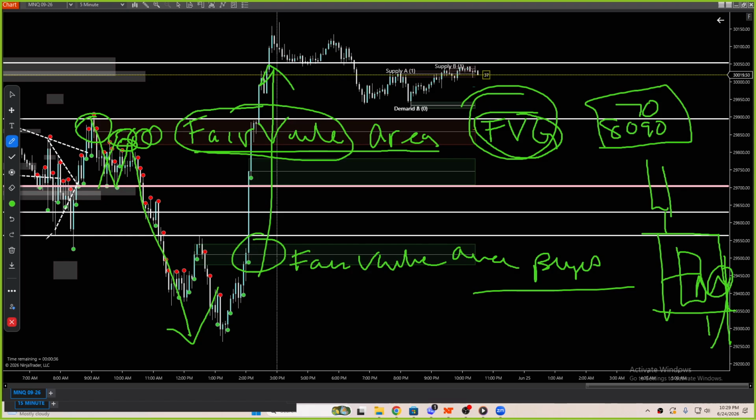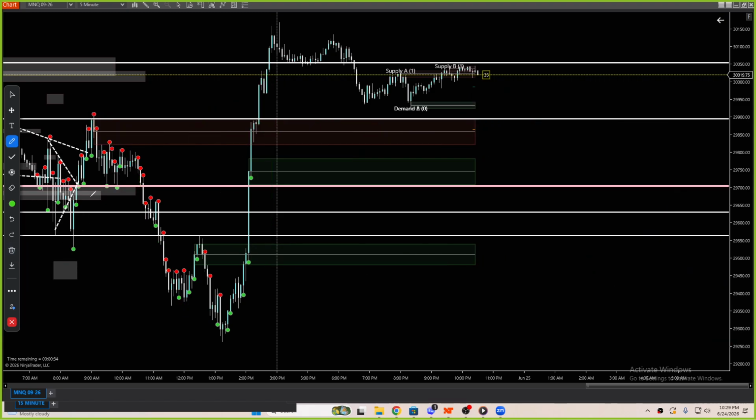The game is you're retesting a supply zone or a demand zone, or you're breaking out of demand zone, or you're breaking out of supply zone. You can call it a fair value gap if you want to. You can call it an inverted fair value gap because it broke it and didn't respect it. But in reality, this is where selling takes place. It's called a supply zone. This is where buyers were taking place. This is called a demand zone.